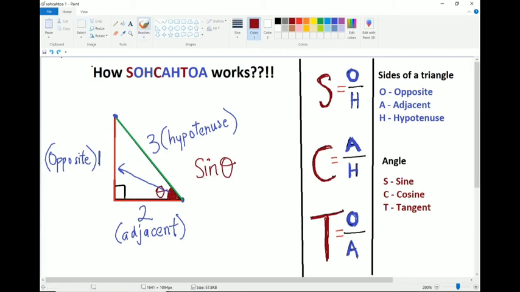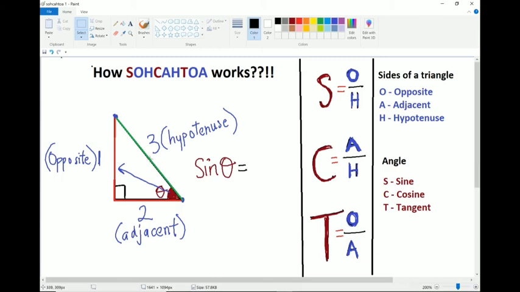So if you're asked to find the sine of an angle, all you have to do is follow this setup here. You have to find the opposite side over the hypotenuse side of that angle, okay? So the angle is right here. The opposite side of the angle is 1. We've just learned how to find the opposite, right?